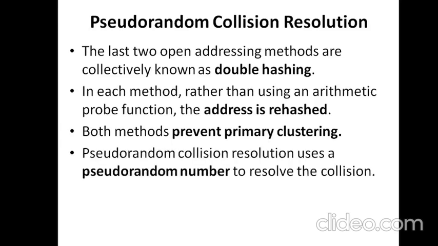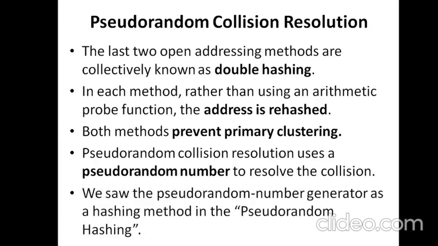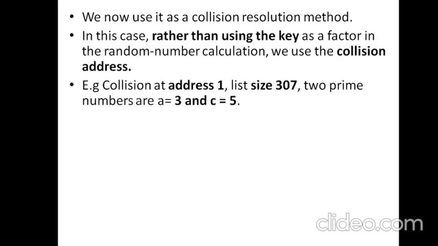A pseudo-random collision resolution uses a random generator to resolve the collision. I will go straight to the algorithm, which is the same as what we have already seen. We are assuming a collision at address 1 and a list size of 307, again a prime number, and we need 2 prime numbers for the formula, a and c, and 5 and 3 are taken.